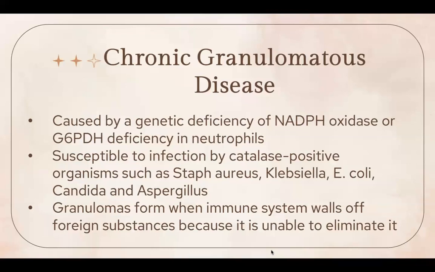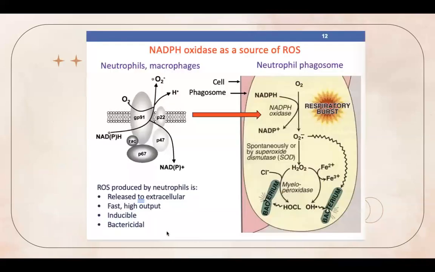So we spoke about NADPH oxidase. Let's just go back and quickly look at it one more time before we move on. Here, NADPH oxidase is an enzyme that's present inside neutrophils, in the phagolysosome of the neutrophils. What it essentially does is convert oxygen into a superoxide.